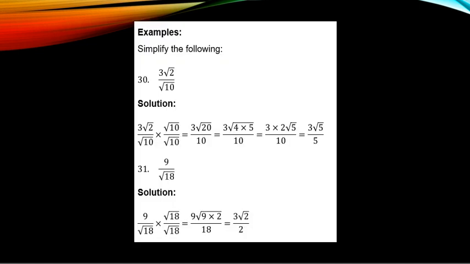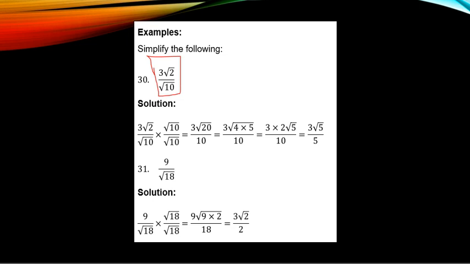Example 30. So you are asked to simplify 3 root 2 divided by root 10. So where do you look? At the denominator. Root 10 is an irrational number, and we wish to remove it or change it to rational number before we can divide successfully and easily.